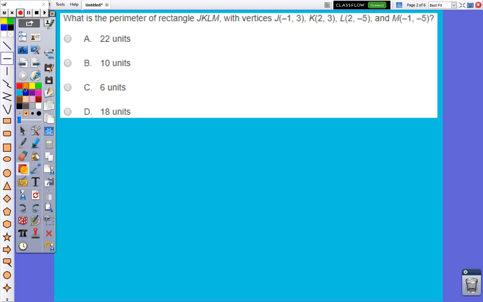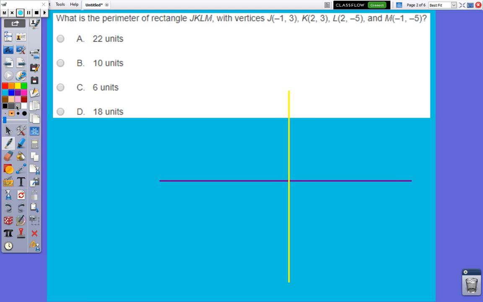Let's make this our x-axis, and this our y-axis. I'm not going to get too detailed with my numbering, because I'm not going beyond 2 on my x-axis. The x-intercepts are -1, 2, 2, and -1, so I'm going to go to here. On my y-axis I don't go any higher than 3, so I'll go up 1, 2, and 3.